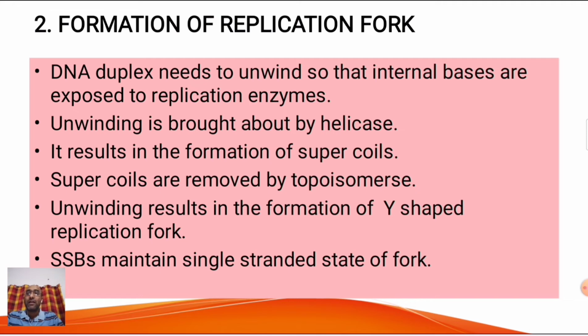As a result, supercoils are formed, which I have already told you about during the description of enzymes involved in the replication process. These supercoils have to be removed, because the helicase cannot move if supercoils are formed. They are removed by topoisomerase.